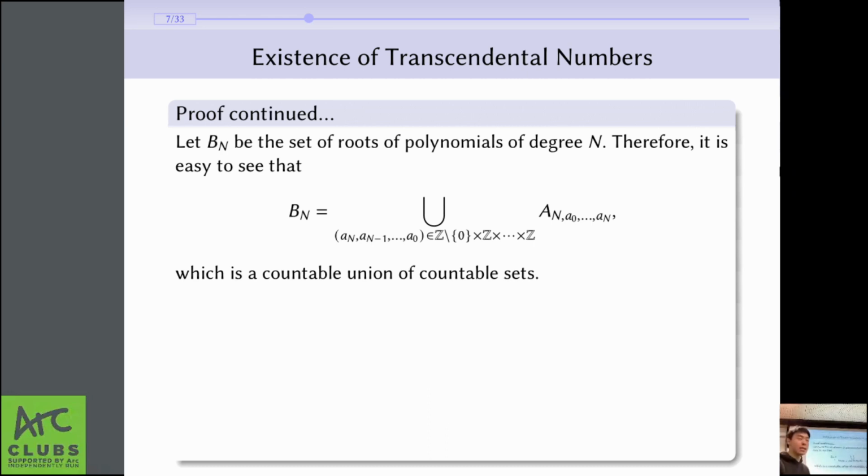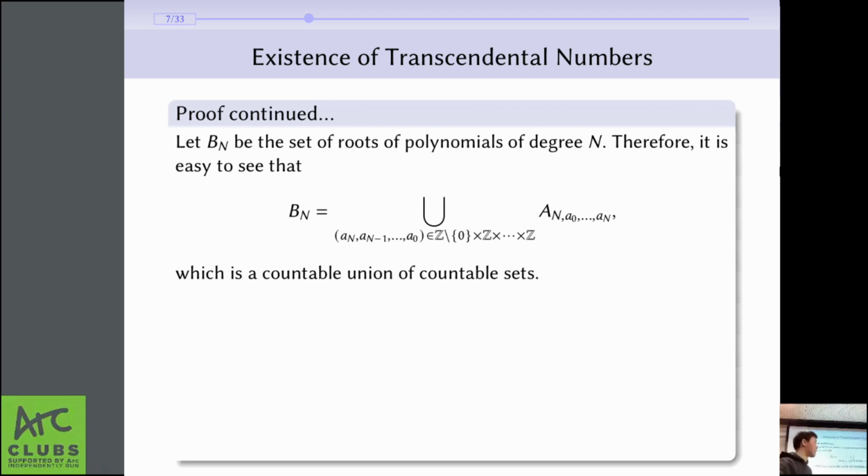Because Bn is really just the combination of all possible roots as long as we know a_{n-1} up to a0. And so the union of all of those roots forms exactly the set of roots of polynomials with degree n. In other words, Bn is just a countable union of countable sets, right?